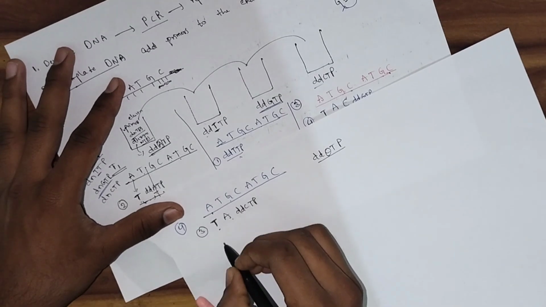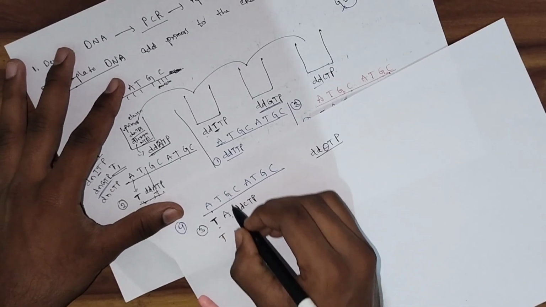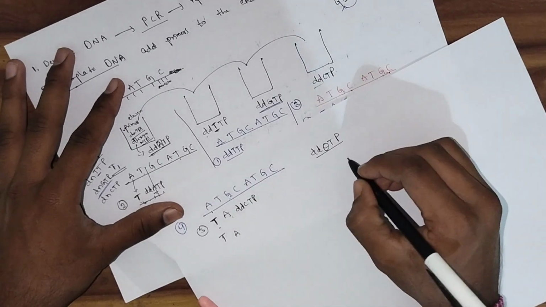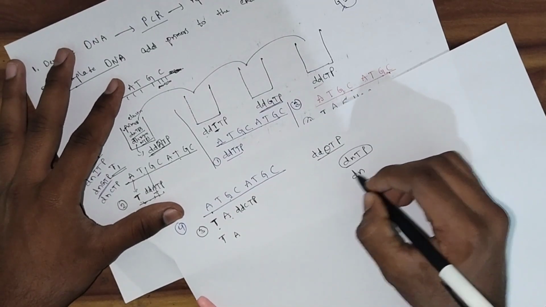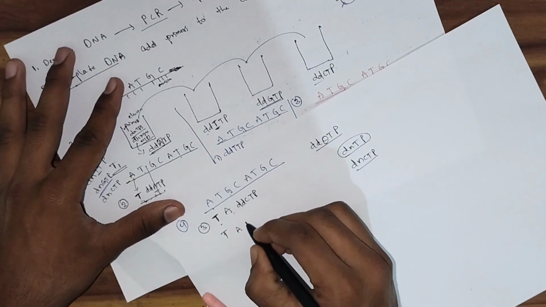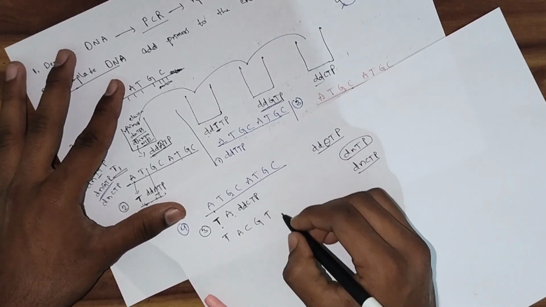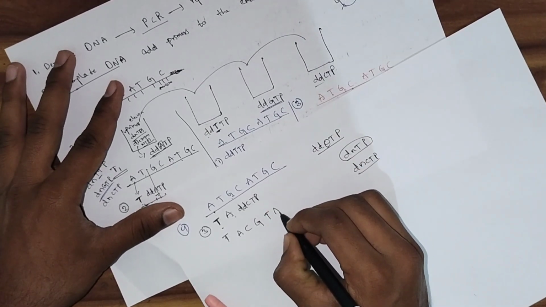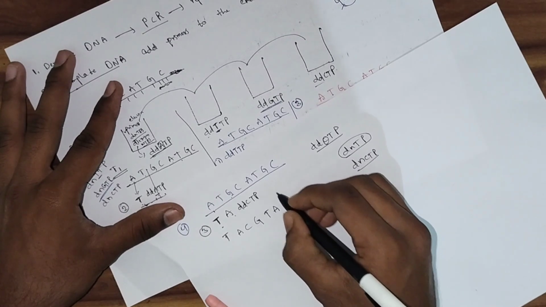Then if we take another step, A means thymine, thymine means adenine, guanine means, here we take dideoxy CTP. So here we take cytosine. Then cytosine means guanine, adenine means thymine, thymine means adenine, guanine means cytosine, guanine means cytosine.